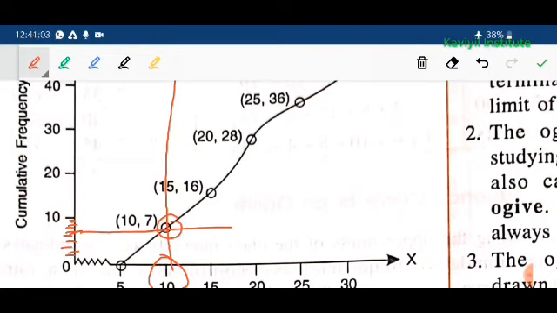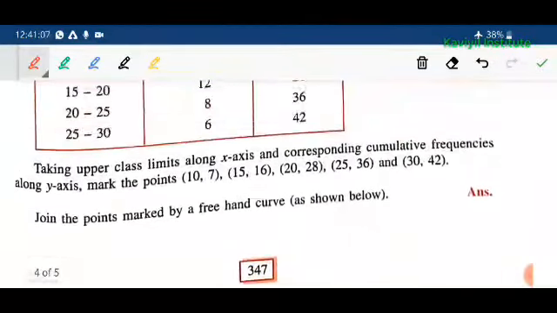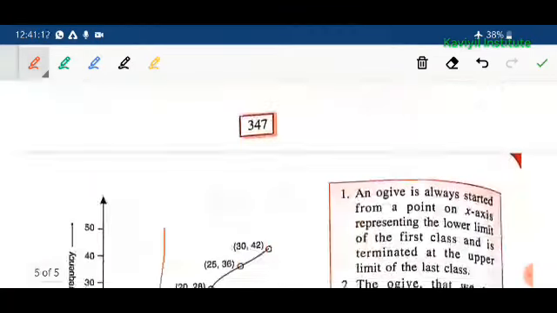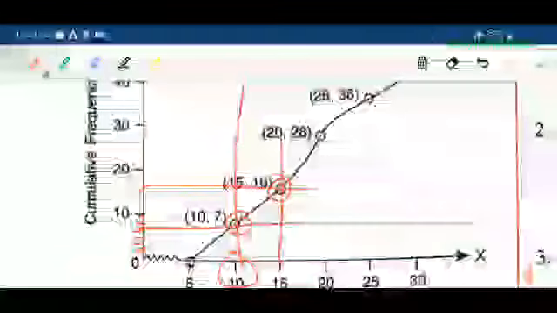The next one is 10 to 15. What is the cumulative frequency? Because it is increasing, right? So we understood the cumulative frequency is 16, and the next one is 28. So in this class we'll be drawing in this manner, and 16, right? So this will be almost 15, so 16 will be approximately here. See, it is coming here, and the next one is 28, right?